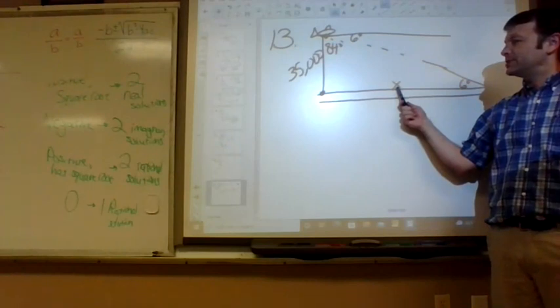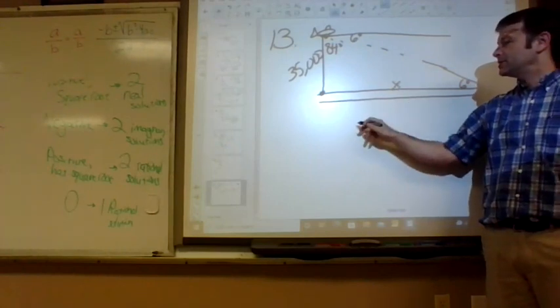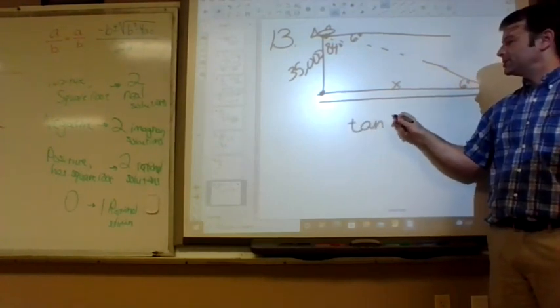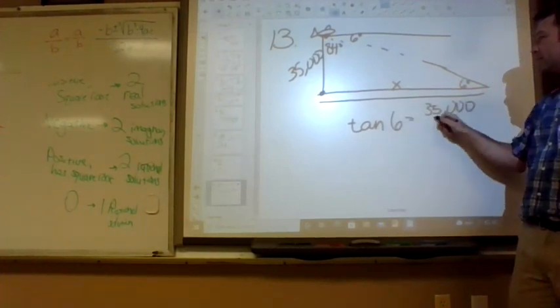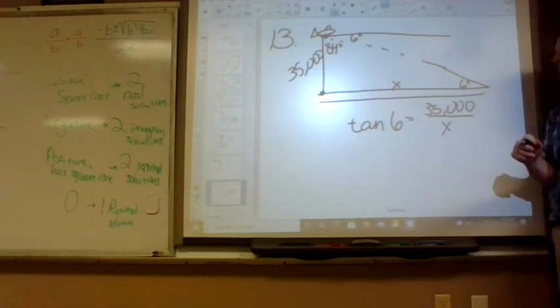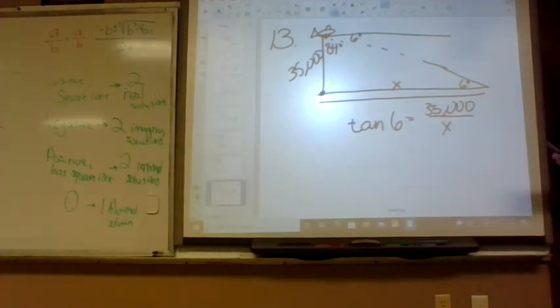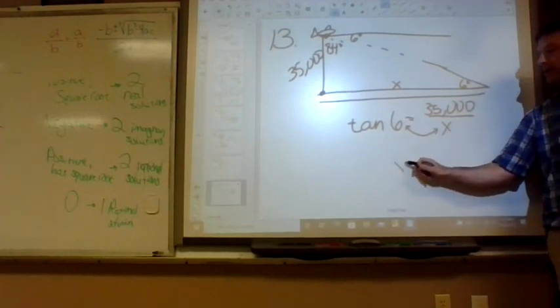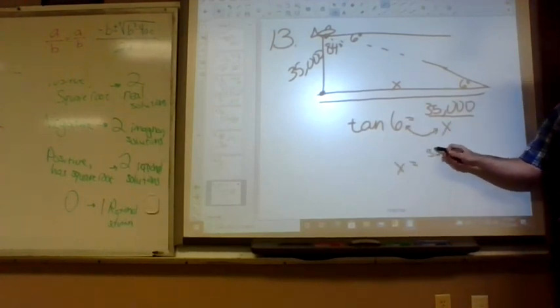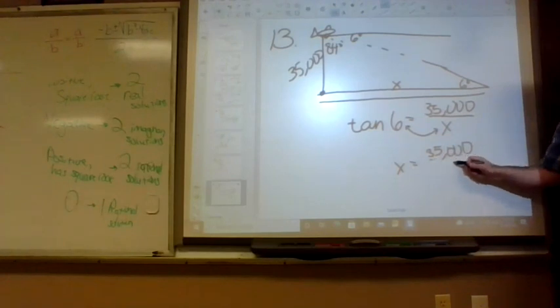So which trig function is that? Tangent. So tangent of 6 should equal the opposite over the adjacent. Since x is in the denominator, we can switch those two. So x equals 35,000 divided by tangent of 6.